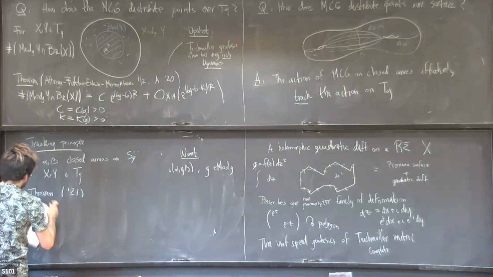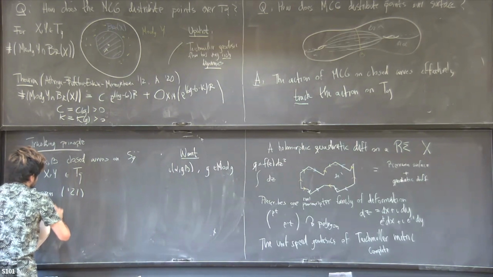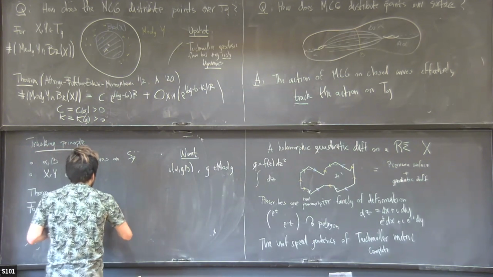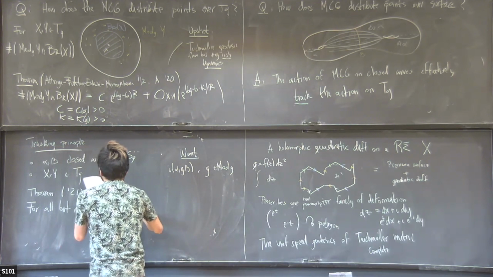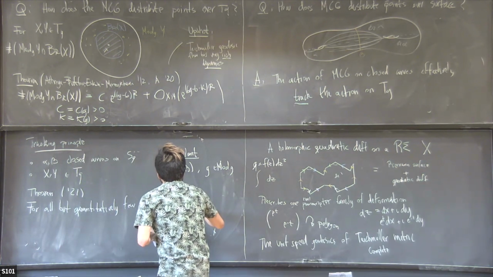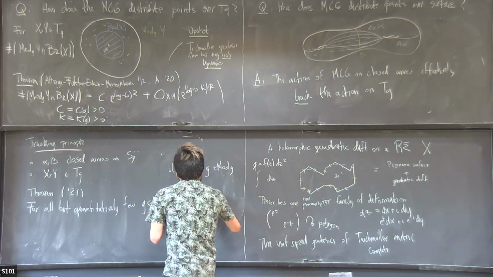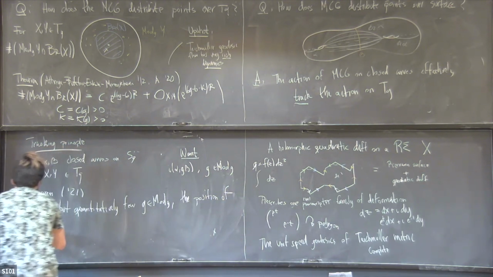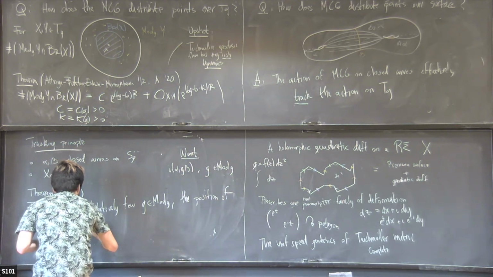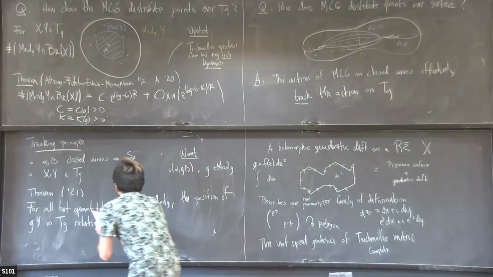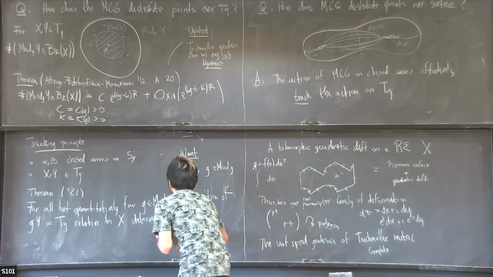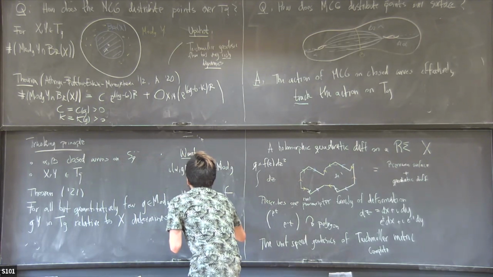And let me write it exactly as I wrote it here: for all, but quantitatively few, mapping classes, the position of g dot y in Teichmüller space relative to x determines the intersection number that I care about, up to a power saving error.